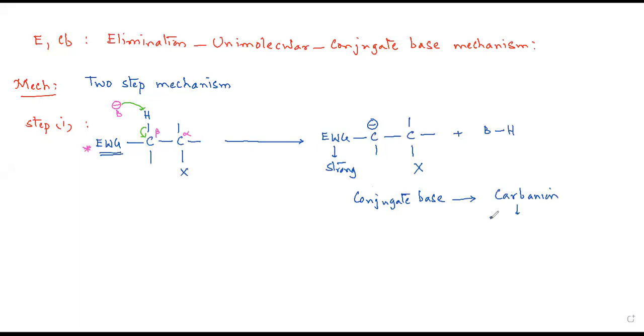This carbanion is stabilized by a strong electron withdrawing group, right? In E1, abstraction of the proton by the base is the second step. Here it is the first step. I think you have noticed.